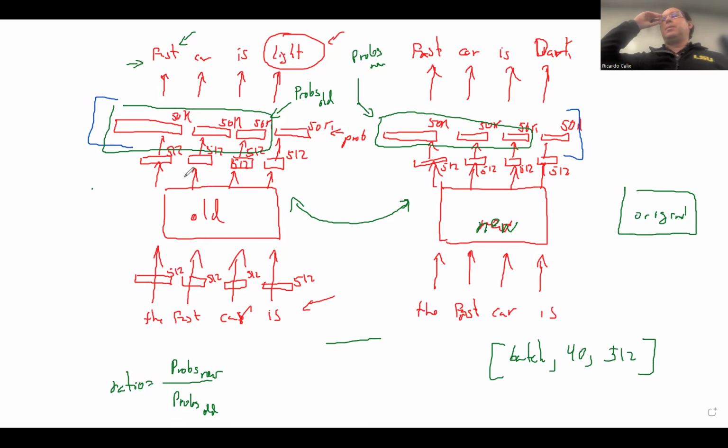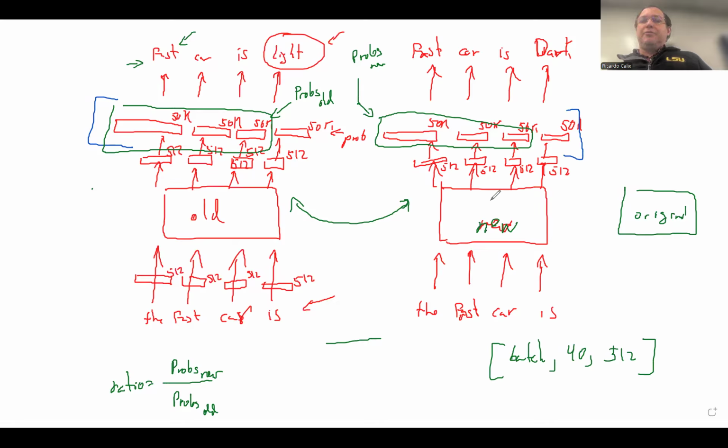Yes, sir? So I'm trying to understand, is the fast actually transitioning into speedy? We essentially pick a word, right? We're going to pick from this vector of 50,000, where we have all the words, including speedy and fast. So what I'm saying is we are looking at these probabilities.